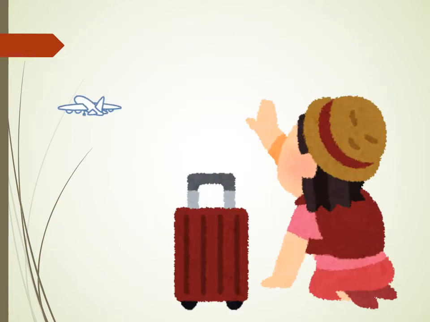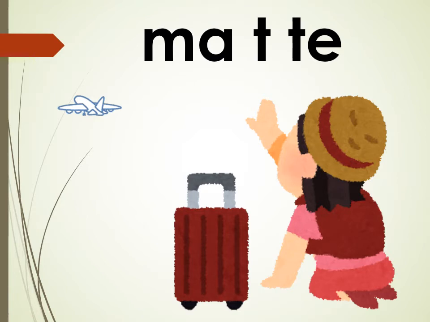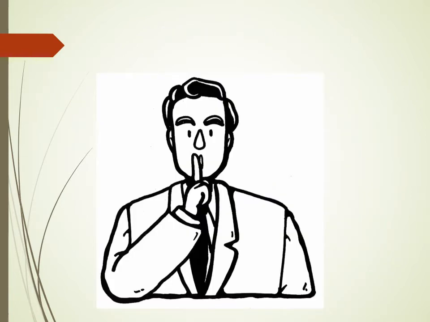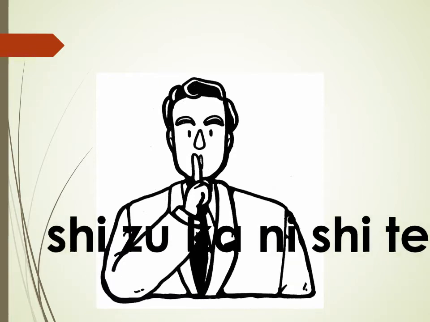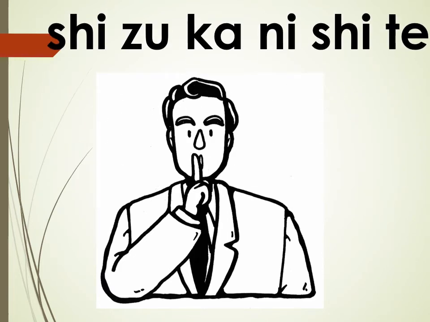How do you say wait in Japanese? It is 待って. How do you say be quiet in Japanese? It is 静かにして. Okay, let's move on.